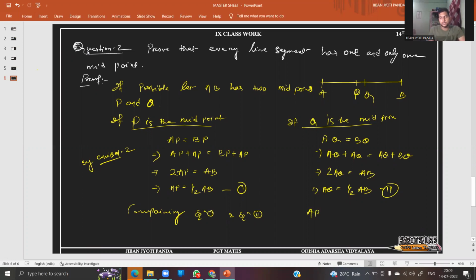So you can say AP is equal to AQ. And this is only possible if P and Q coincide. Clear to all? Yes, clear.